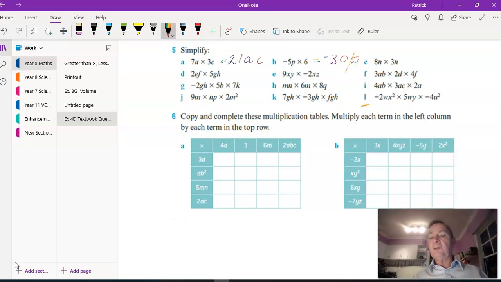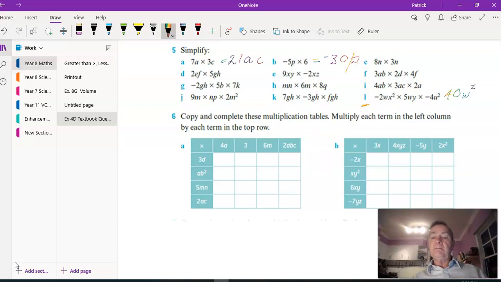Okay, so we've got negative 2 times 5 is going to be negative 10, times negative 4 will be 40. So negative times a negative will be a positive. So that becomes 40. And we've got W times W, which becomes W squared, because that's multiplied by itself.